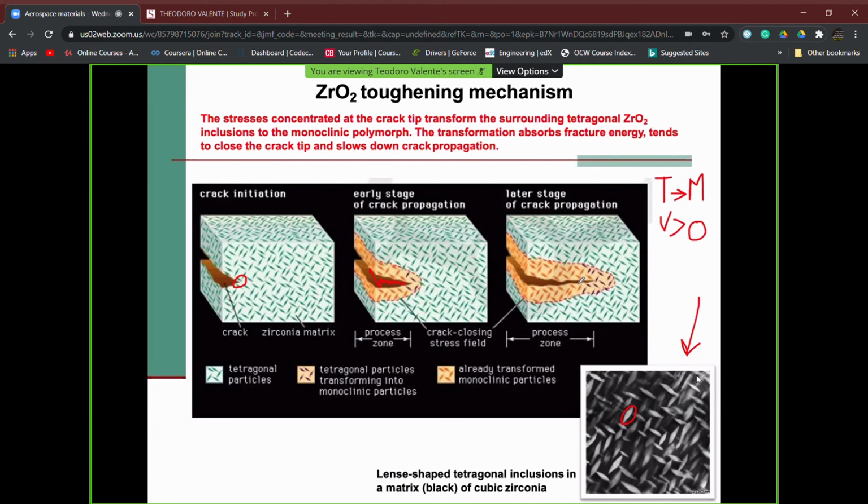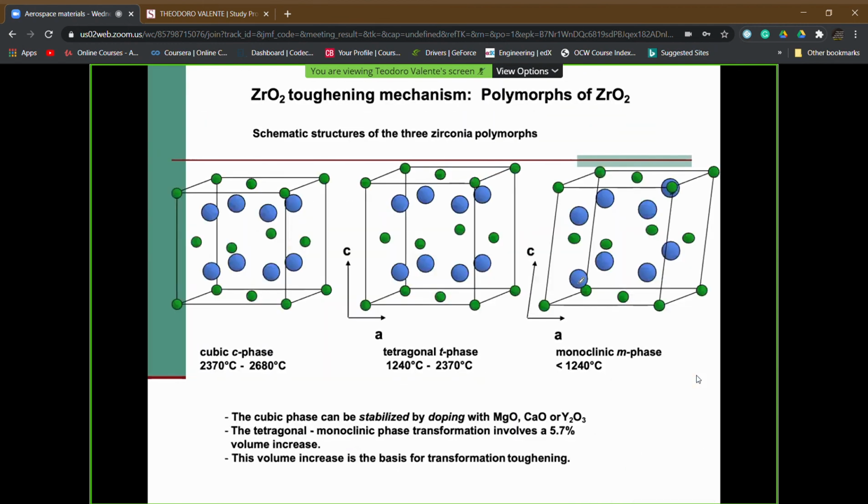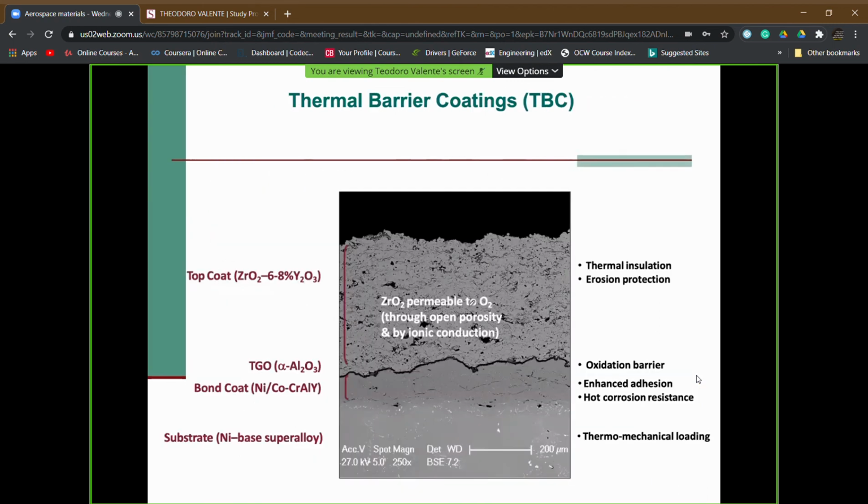Obviously, this effect will end when all the tetragonal phase has transformed to monoclinic, but it doesn't matter, because if we are talking about this solution, this coating, and we need to consider the TGO, which is going to affect the fatigue resistance of the TBC, this coating can be removed, for example by water jet tools, and can be refabricated on the system.